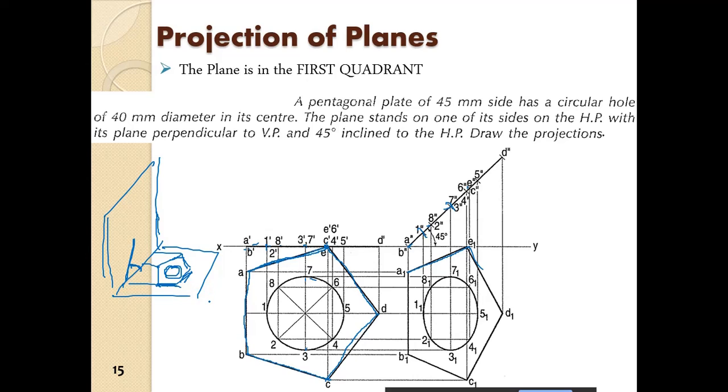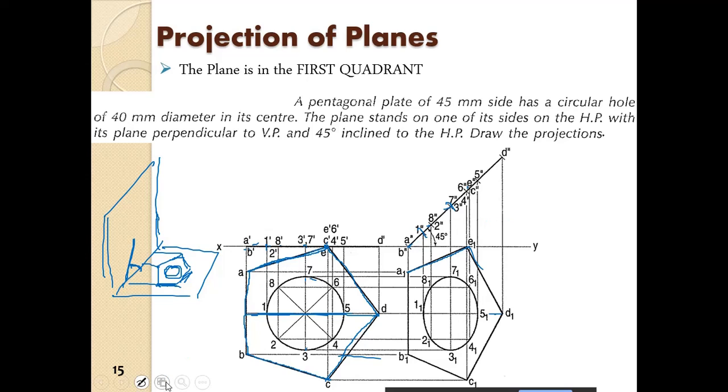If you are aware of what it will look like, the circle will look like an ellipse, and the pentagon, the length of this dimension will get reduced. So if you are aware of that, you can make out where the points will lie. The only thing is that you should be very careful while finding out the corresponding points.